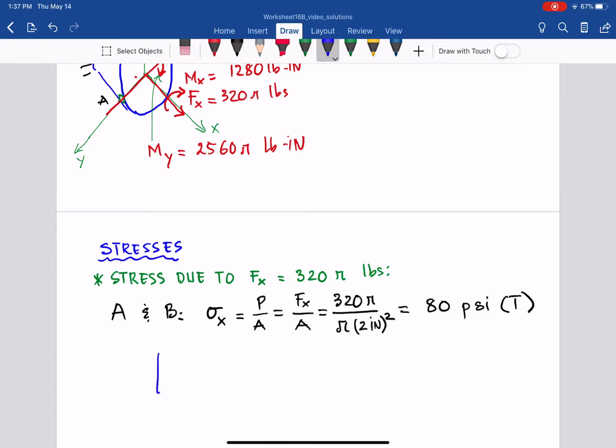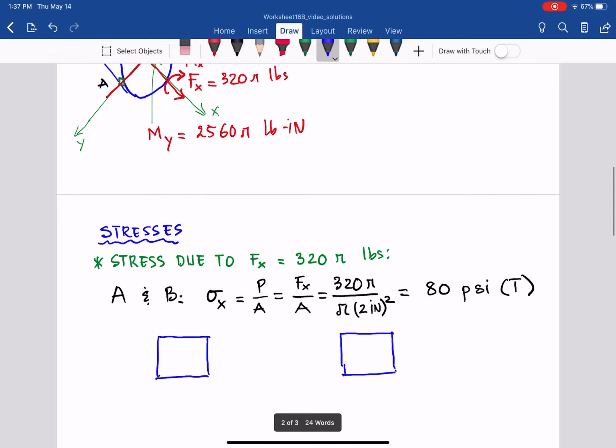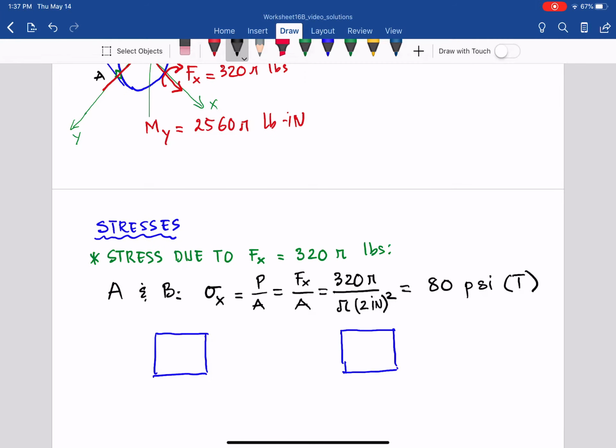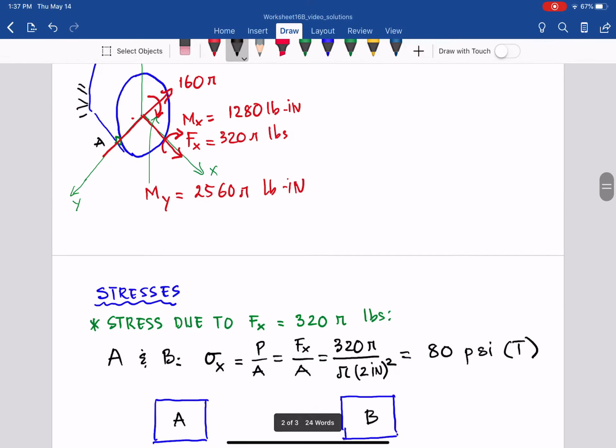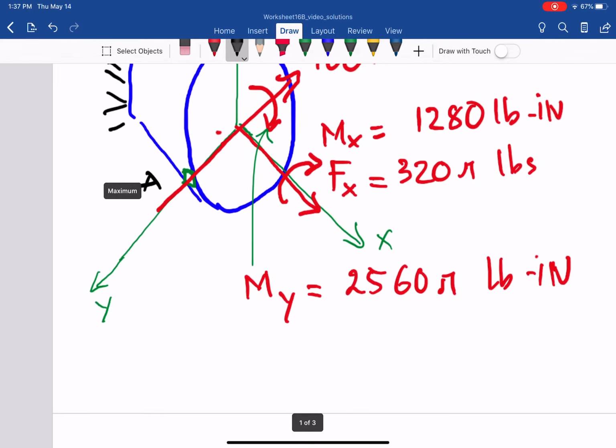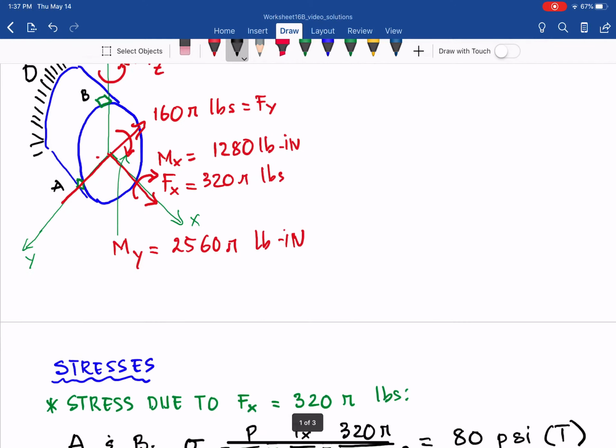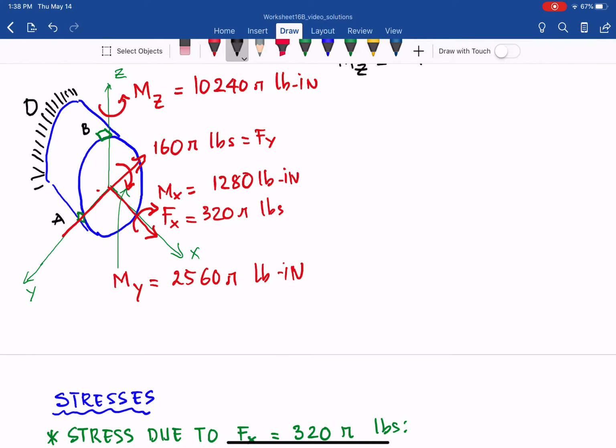We have A and we have B. For point A, the horizontal plane here is the Y plane, and the vertical plane is the X plane.